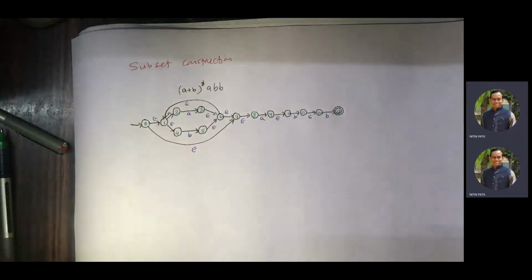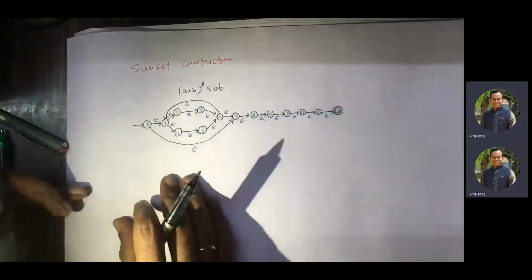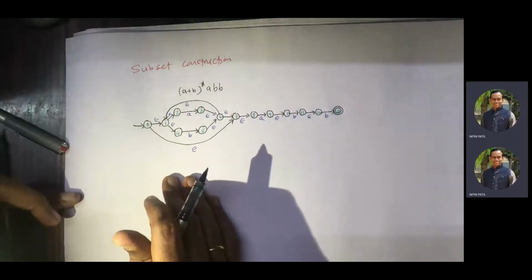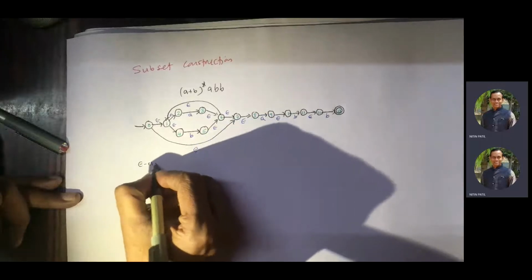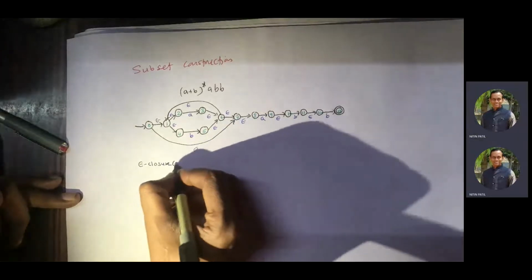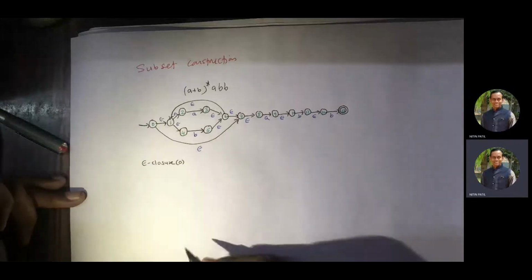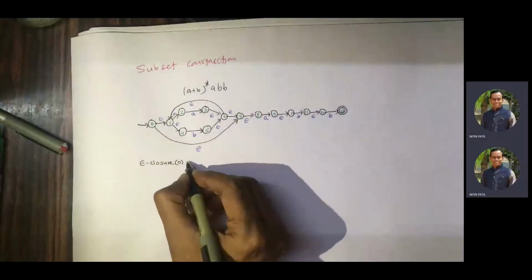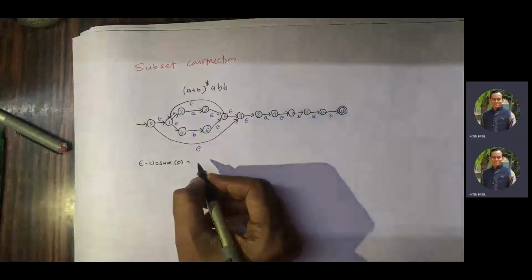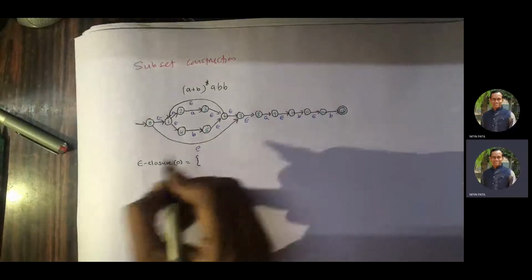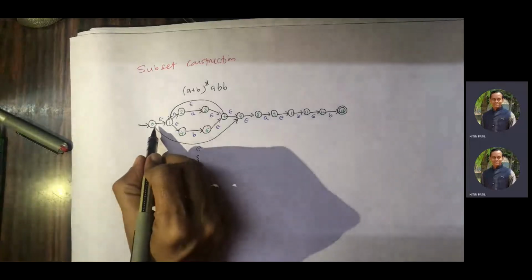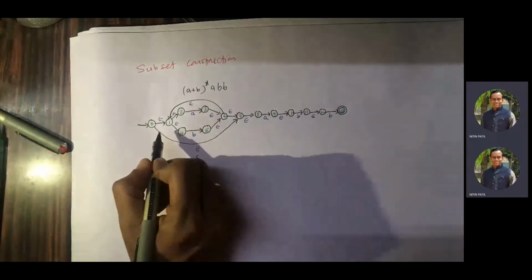Now the first step for subset construction is always to identify your initial state. So the initial state is 0. The first stage is to calculate the epsilon closure of 0. Now try to see which states you can reach using epsilon.